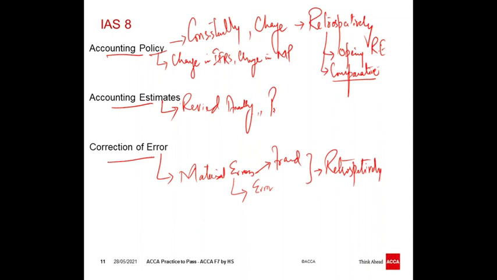And if there is a change, it will be applied prospectively. Prospective means the adjustment will be made in the current period and future periods, but not in the previous years.